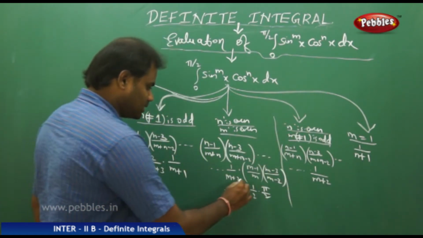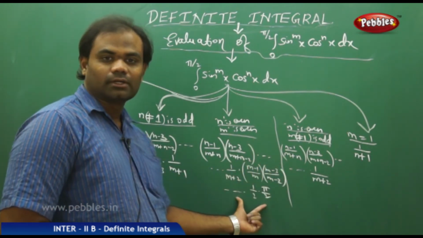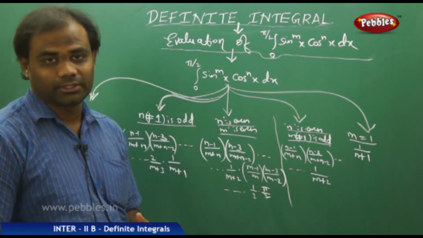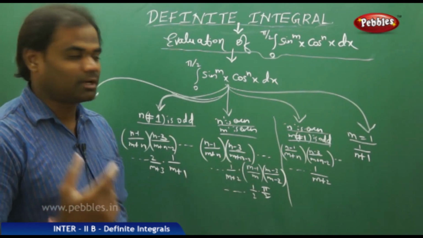Clearly we see that this is the even condition of the previous session which we have seen in the integral of sine power nx or cos power nx with limit 0 to pi by 2.